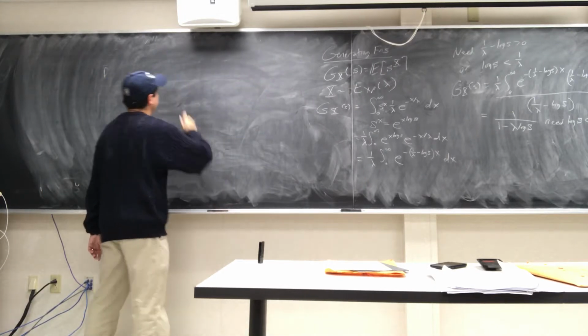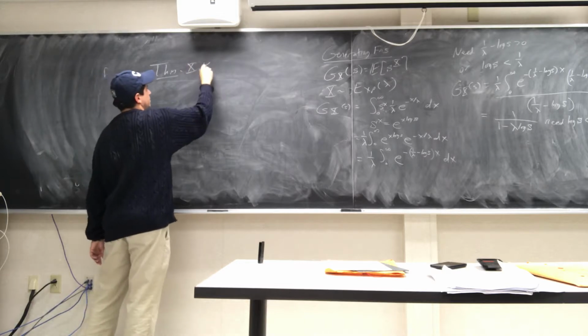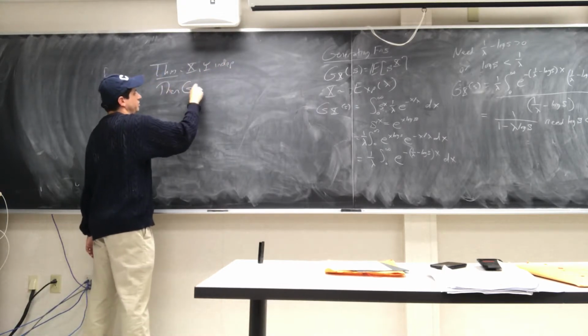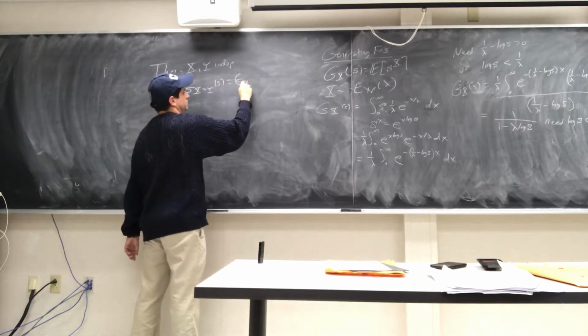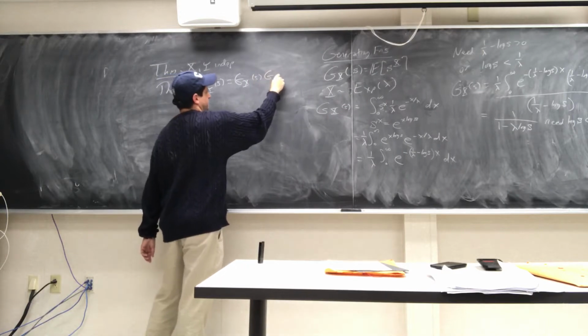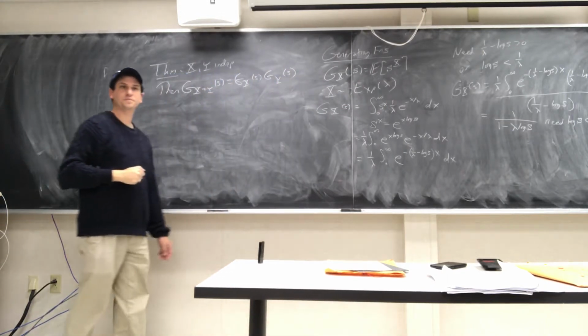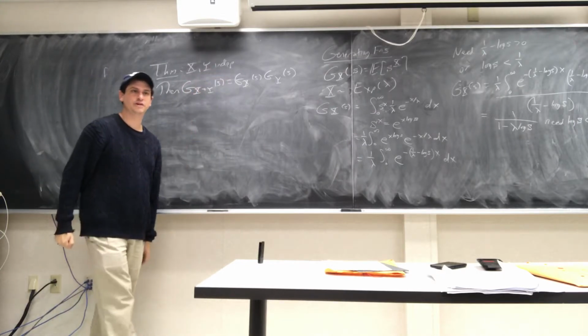So here's a nice theorem. If x and y are independent, then the generating function of x plus y at s is the generating function of x at s times the generating function of y at s. So the generating function of the sum is the product of the generating functions.